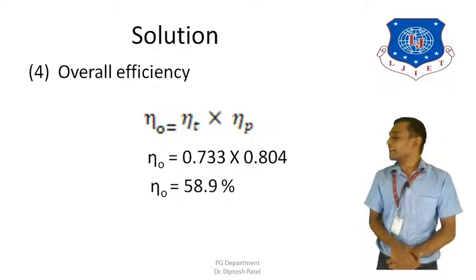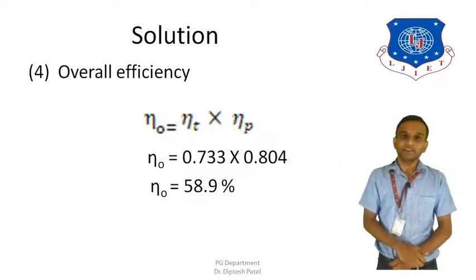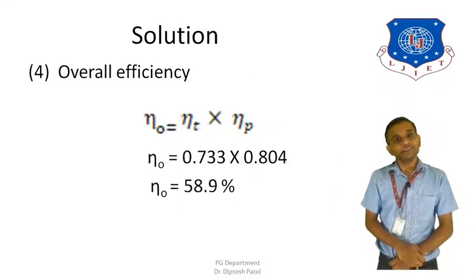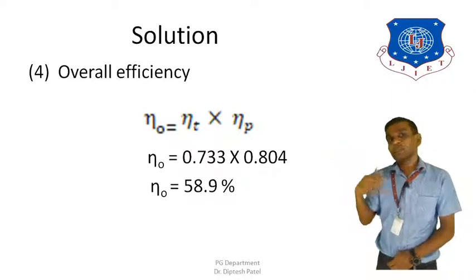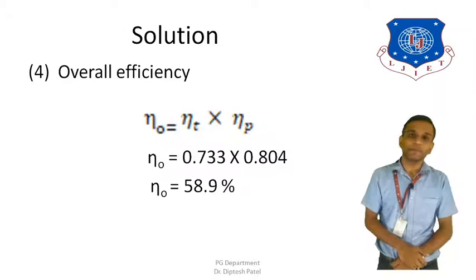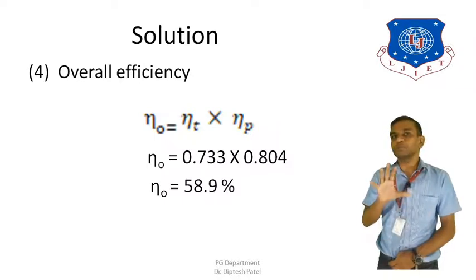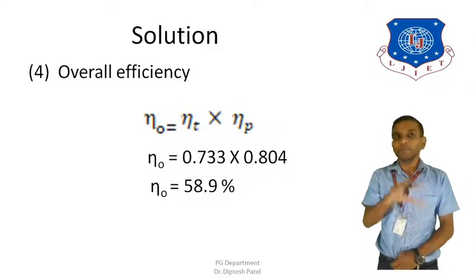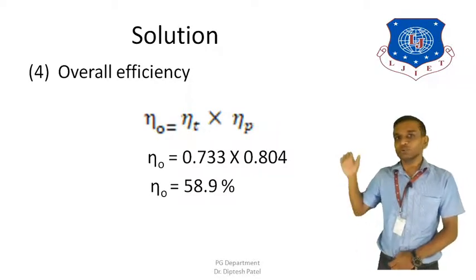So here I am going to put eta O, which is the overall efficiency, equal to eta T into eta P. Now both of these, the thermal efficiency and propulsive efficiency, were our earlier findings. So we already calculated them, and we just need to put the values of both eta T and eta P to obtain the overall efficiency.